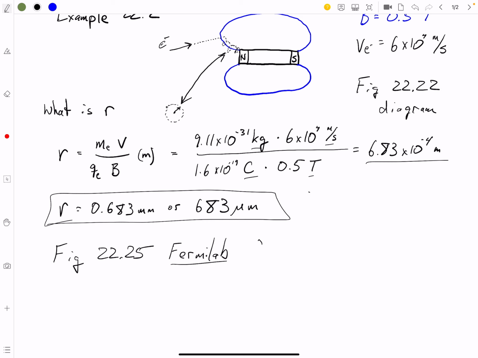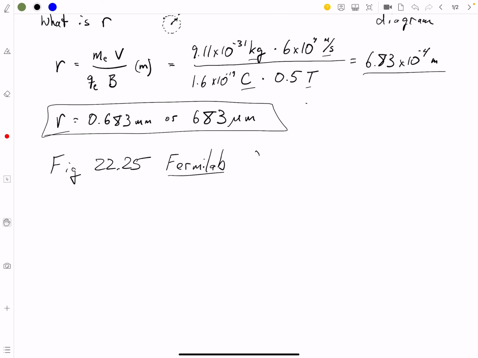And also the size of a magnetic field. Let's deal with what you might see as the size of a magnetic field. So the largest magnetic fields out there are in fusion reactors.